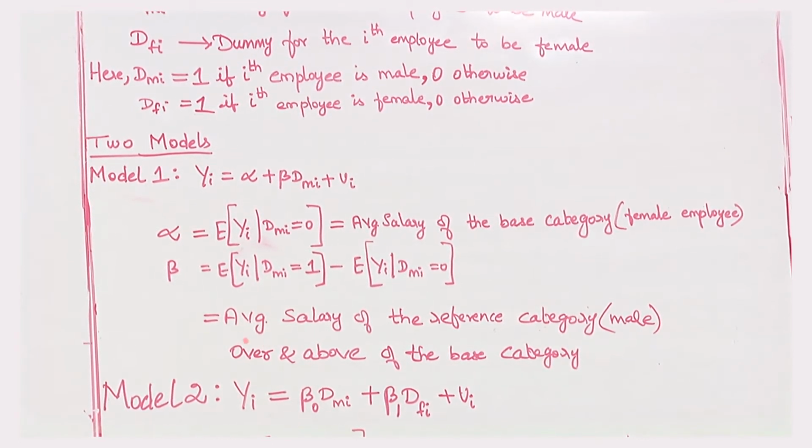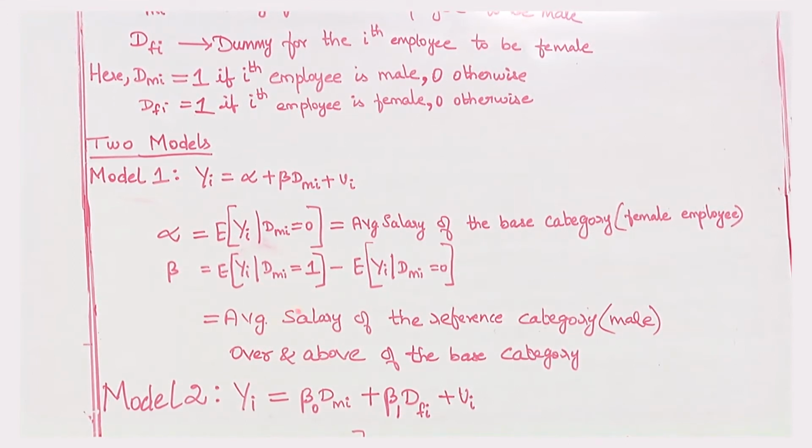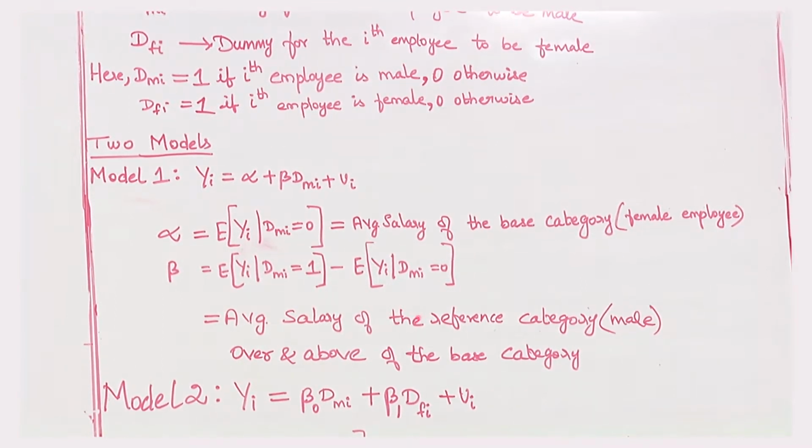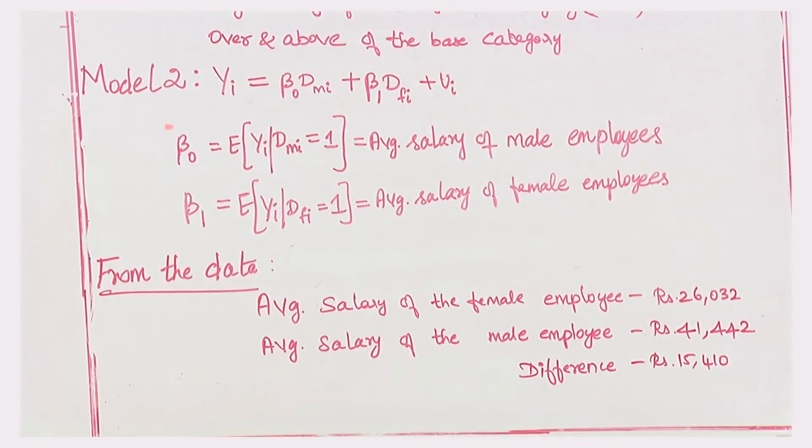So, this beta is nothing but the difference between the average salary of the male employees and the average salary of the female employees.